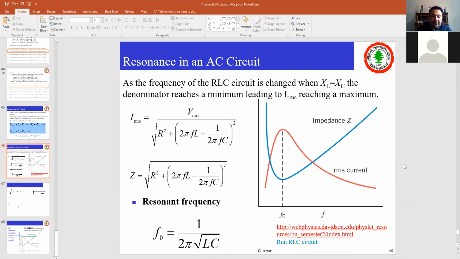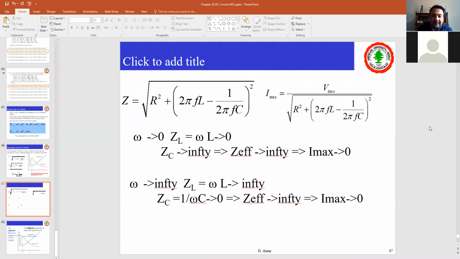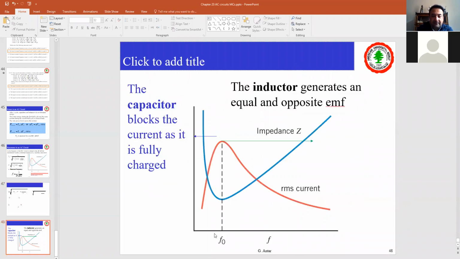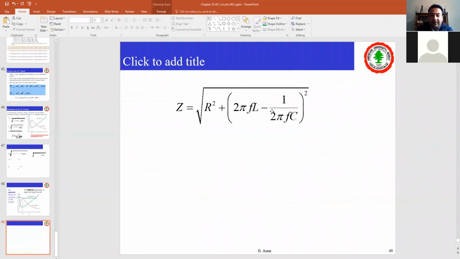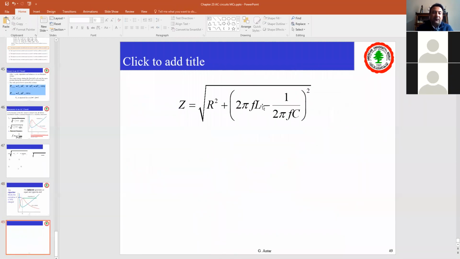And why is that? If I take a look again at this value here, XL greater than XC or smaller than XC, it doesn't matter, because I have XL minus XC squared. So I will always have a positive number added to the resistance.